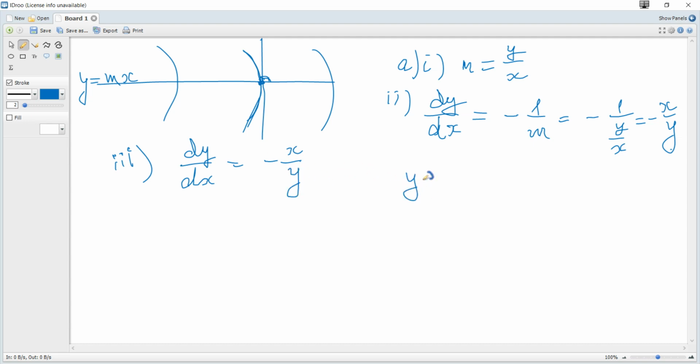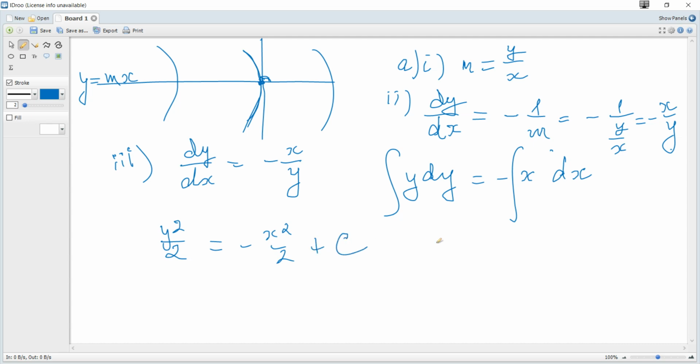It becomes y dy is negative x dx, and integrating both sides we get what? y squared over 2 plus a constant, but only one constant on the right will be enough, is negative x squared over 2 plus a constant, and multiplying each term by 2 we get y squared is negative x squared, and moving negative x squared to the left, it becomes plus x squared is some other constant k. So we get it as required.